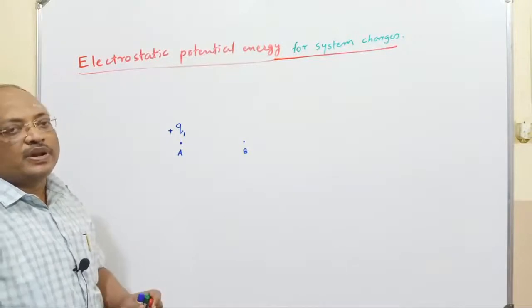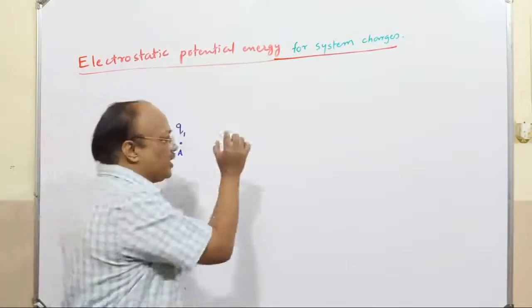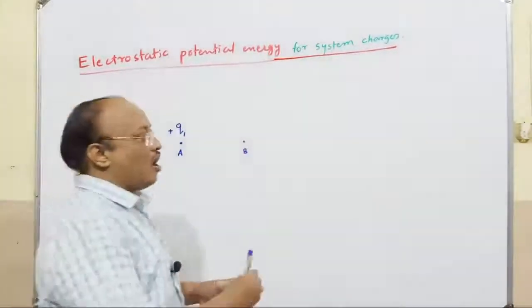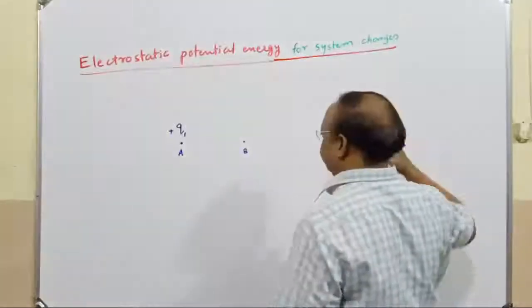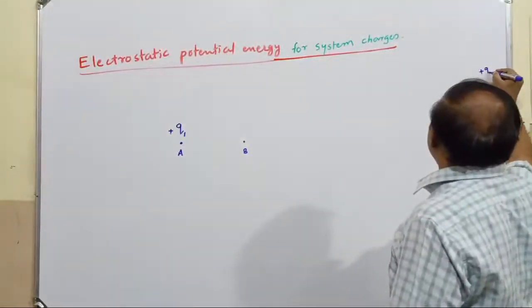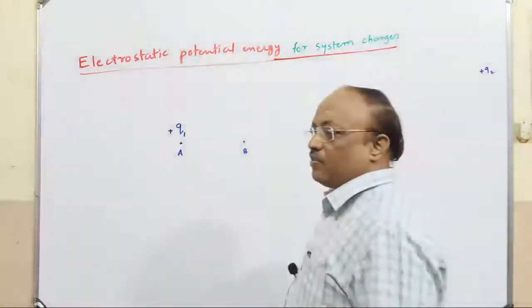If I want to bring a positive charge, say some Q2 charge, from infinity.